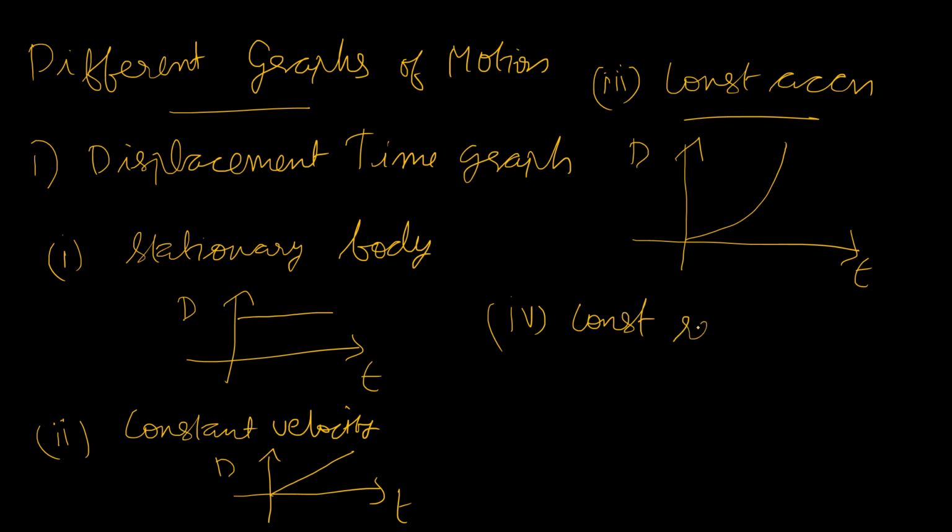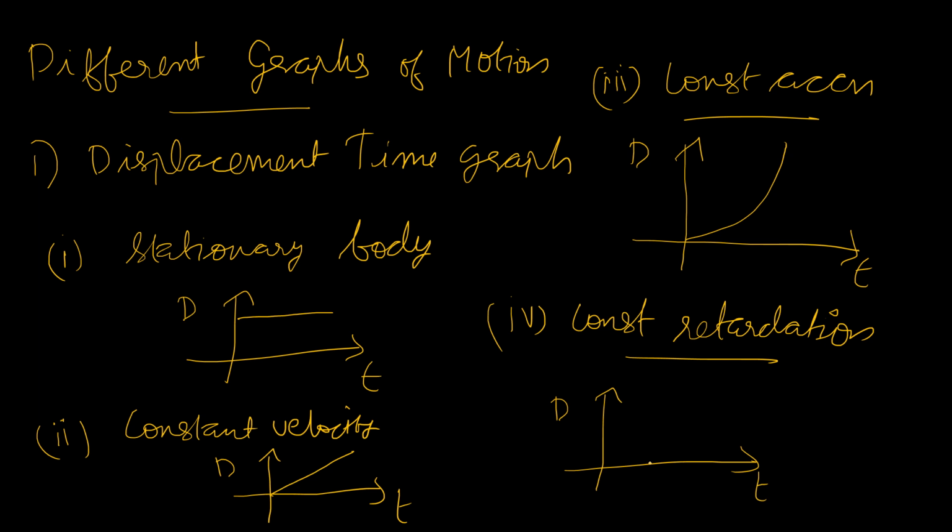That is negative acceleration. For this chapter, moving forward, the term retardation will be used. For constant retardation, the d and t graph will be like this.